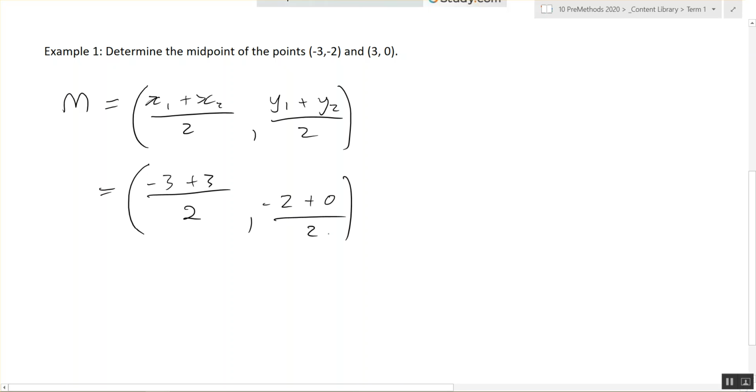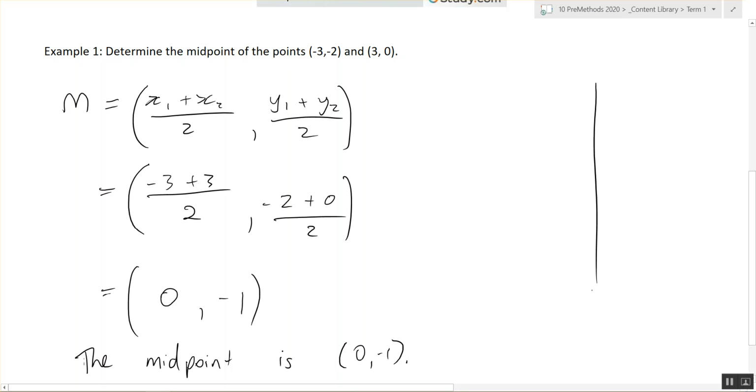So our middle point of those 2 points is 0, negative 1. And that's it, we found our middle point.